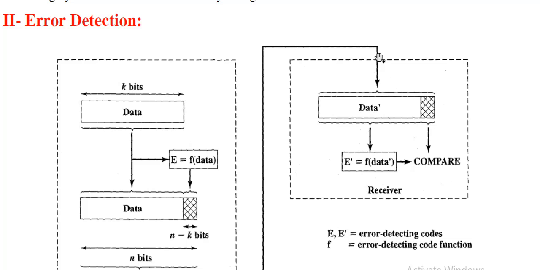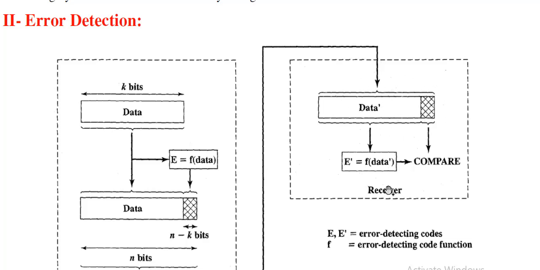Now once it is received by the receiver, the receiver doesn't know if a modification has happened or an error has occurred. So the receiver has to do a check. It has one part of the packet which is data, or data prime, maybe it was modified, and the digest.